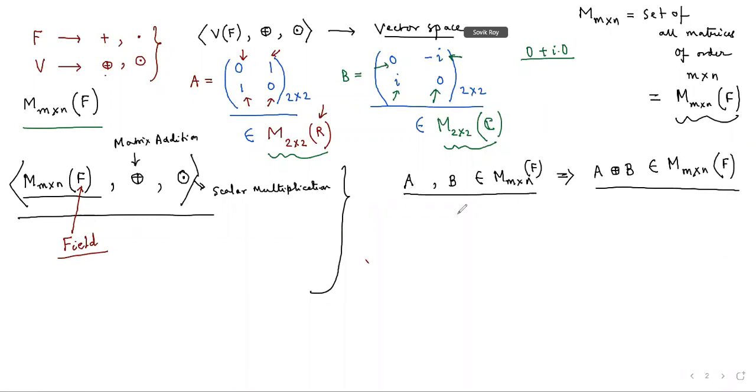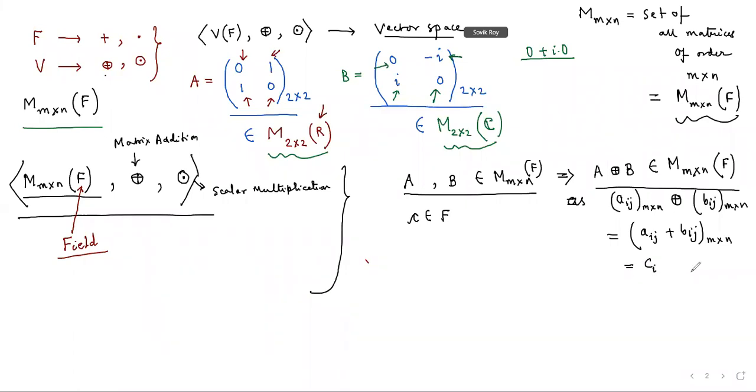It will happen always. If I consider any scalar quantity C from the field capital F, why is it happening? It happens because, as you know, Aij m cross n, when added with another matrix Bij m cross n, gives a matrix of the form Aij plus Bij m cross n, which is a matrix.